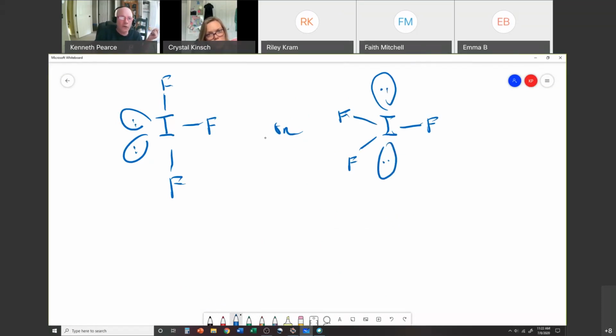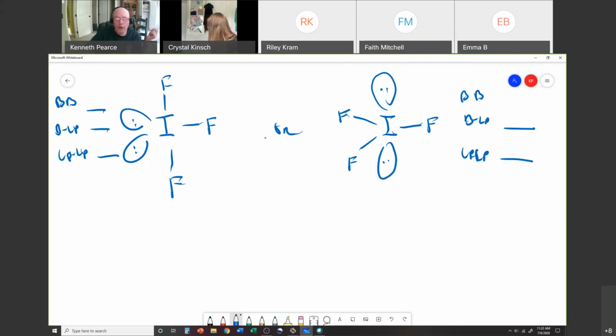Okay, and if you look at this, you would say bonding, bonding, bonding, lone pair, lone pair, lone pair, okay? Just like in the lab. And if you look at this one, bonded, bonded is what? Here's 1, there's 2.